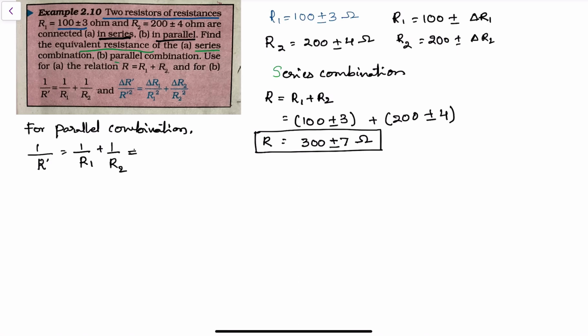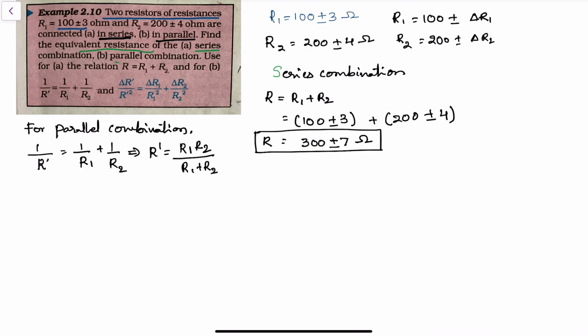And if I write this one, R dash is equal to R1 R2 by R1 plus R2.